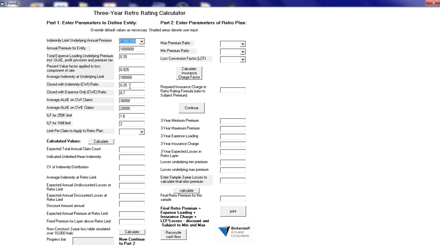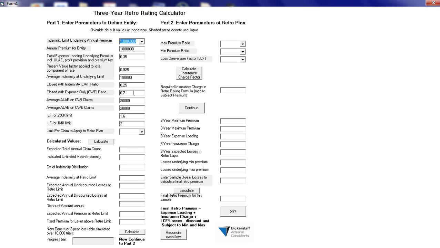Now, these next two items have to do with what percentage of claims are paid with indemnity or with ALAE only. So here again, these are probably in the original rate study or the original rate filing. We're saying 25% of claims will be closed with indemnity, CWI, and another 70% with expense only.